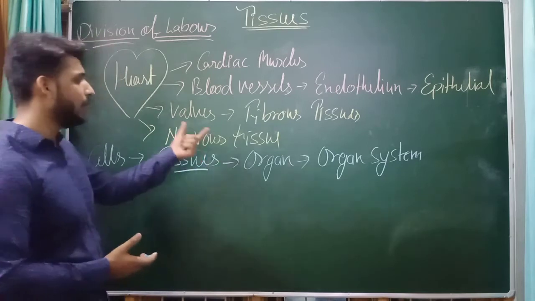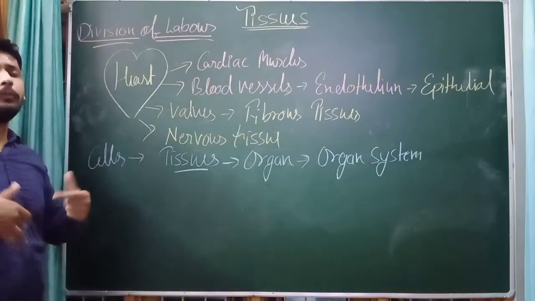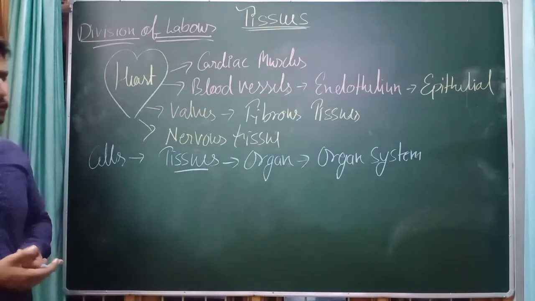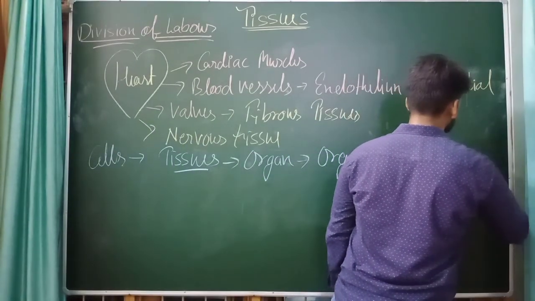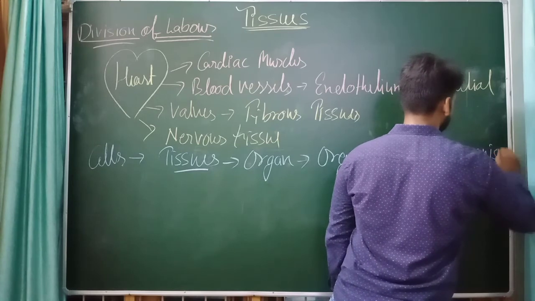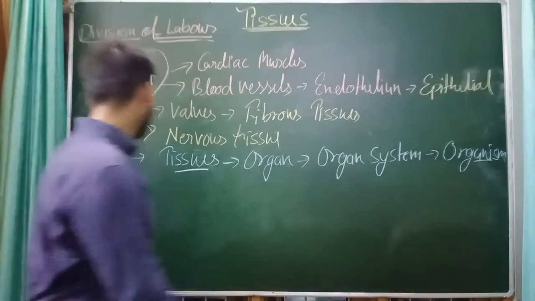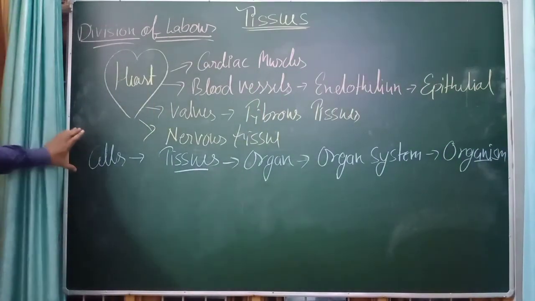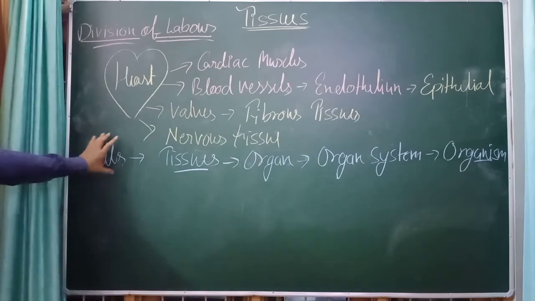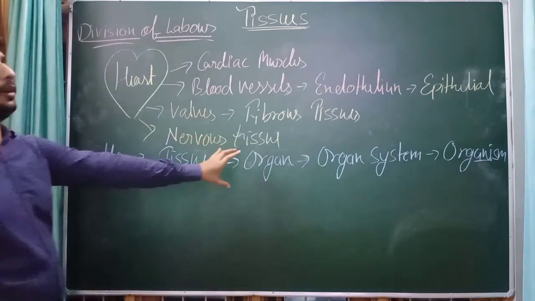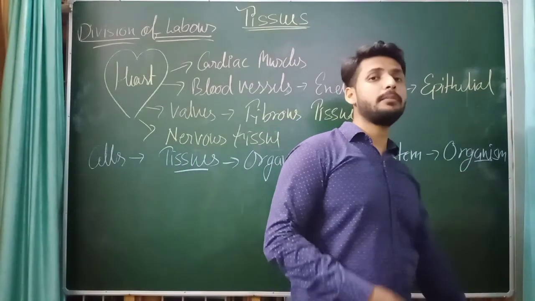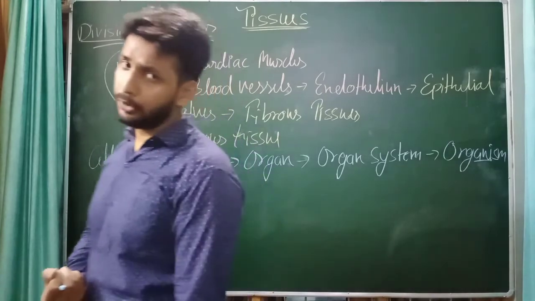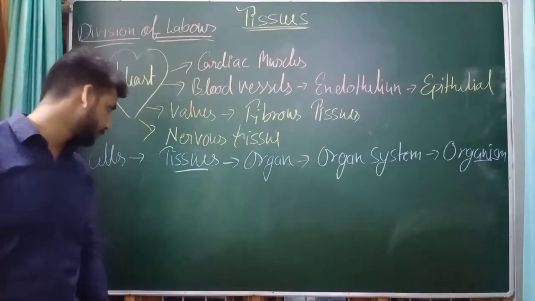In this way, organ systems combine to form an organism. So this is very important: cells combine to form tissue, tissue combines to form organ, organ combines to form organ system, and organ system combines to form an organism.